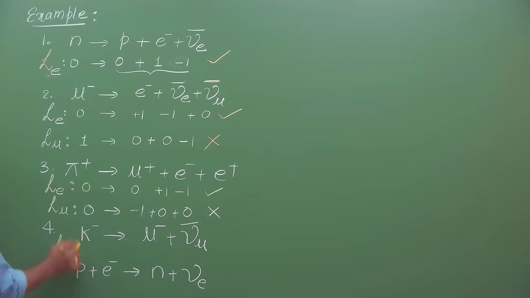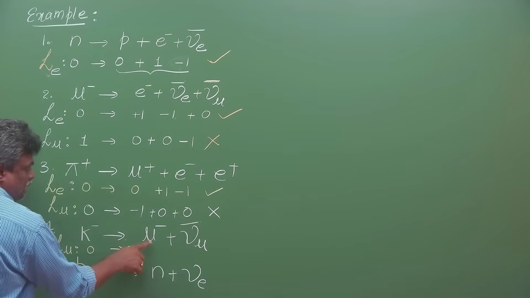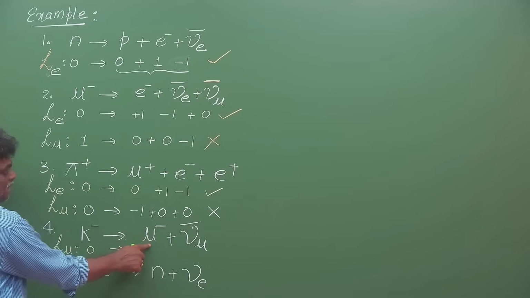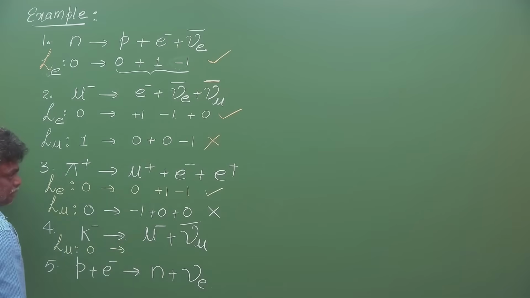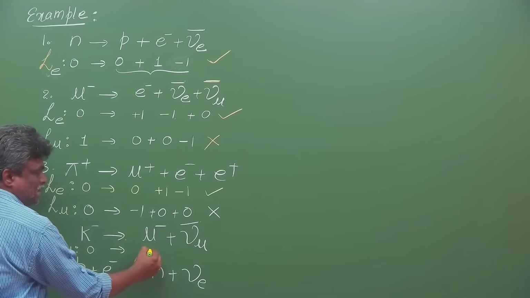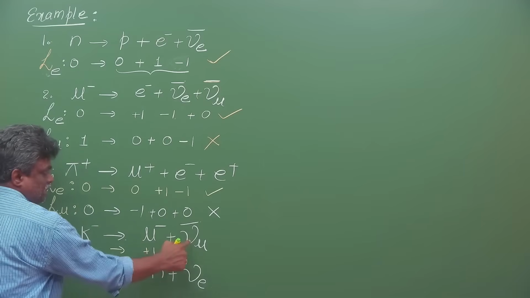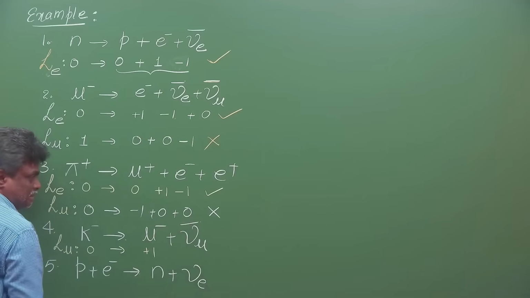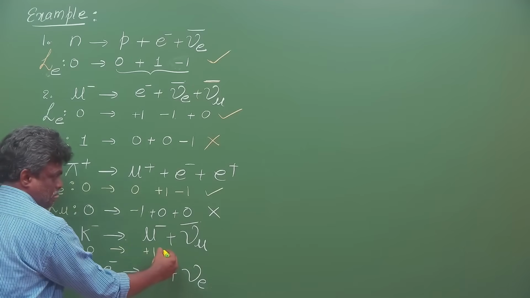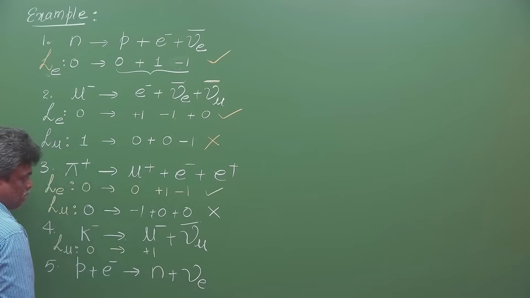Next, here you are checking L mu. Is it a lepton? What is it? Very good. 0. It's a mu. Particle or anti-particle? How do you know it's a particle? Good. Plus 1 or minus 1? Very good. Particle or anti-particle? What shall I write? Anti-particle?